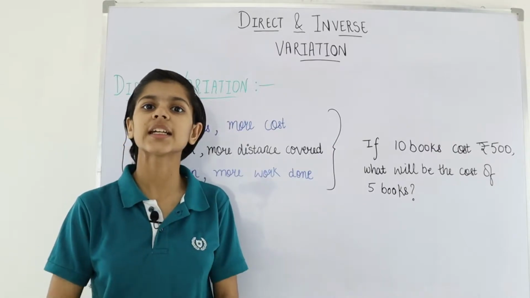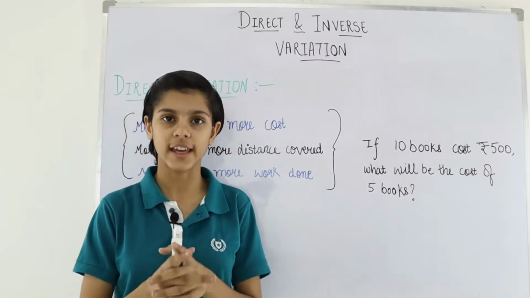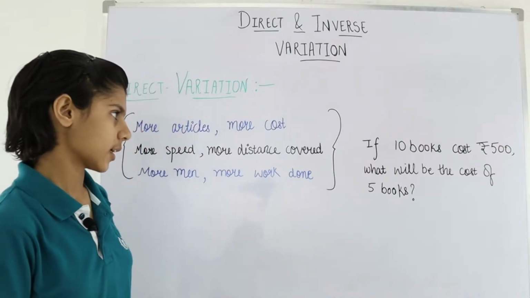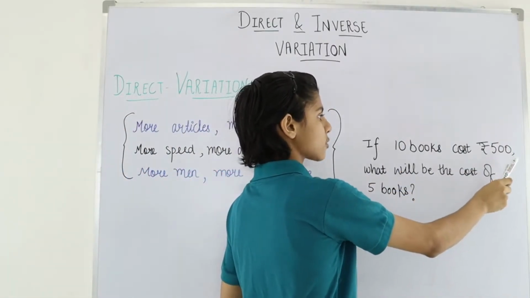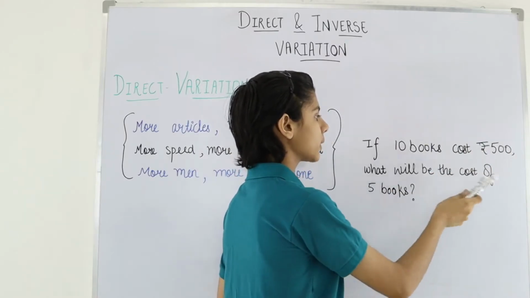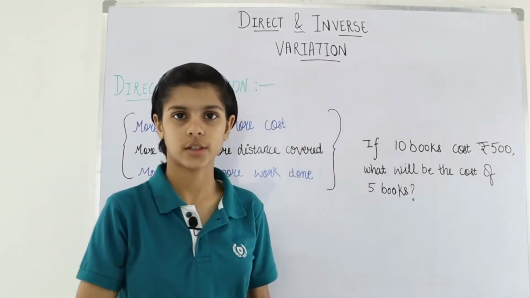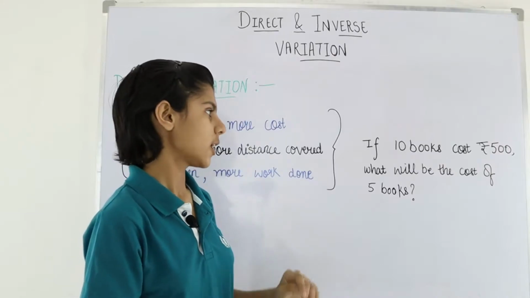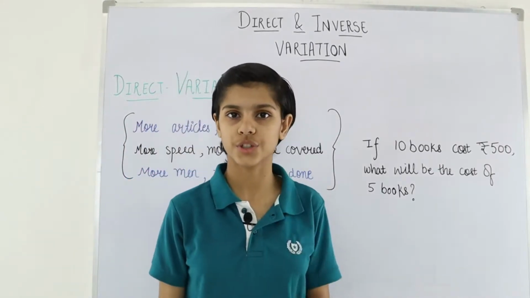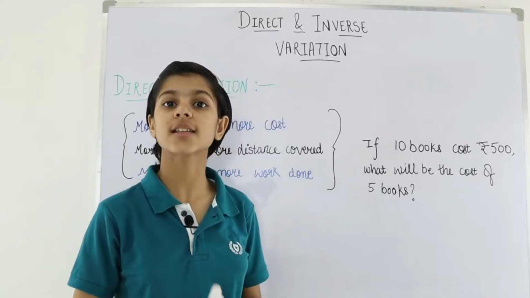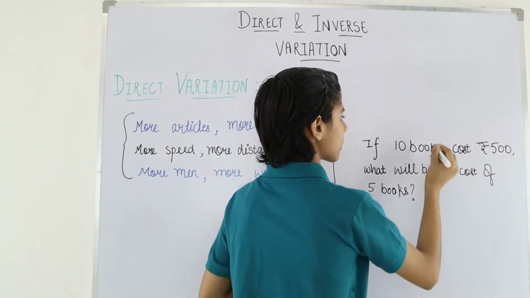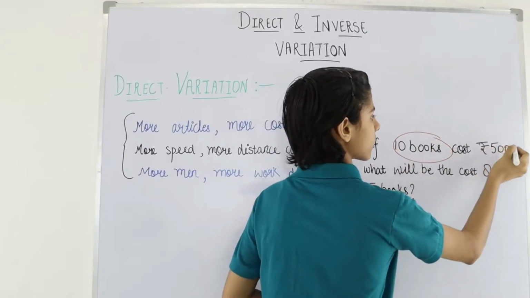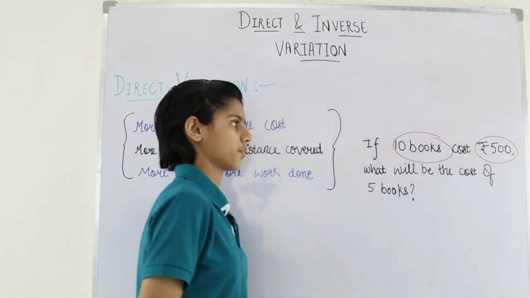So let me clear this definition with the help of an example. See, we are given here, if 10 books cost rupees 500, what will be the cost of 5 books? So now in this question, we have two things that we will consider as variables, that are 10 books and its cost.